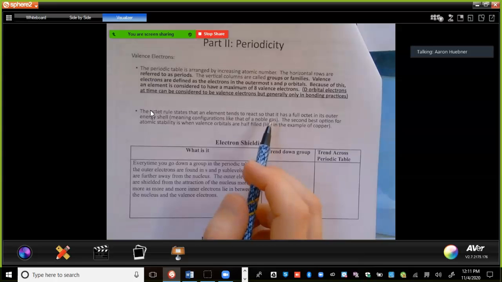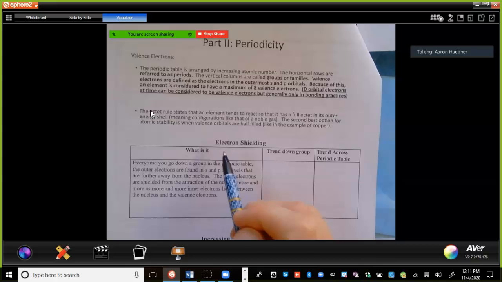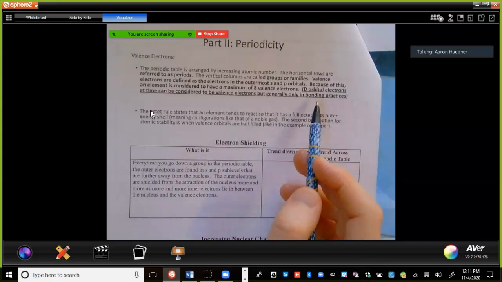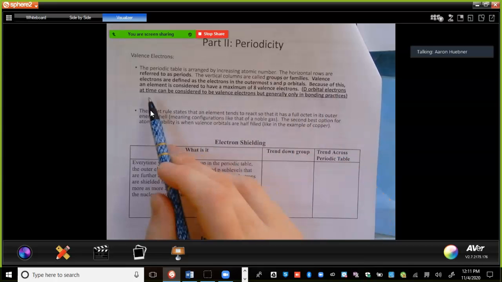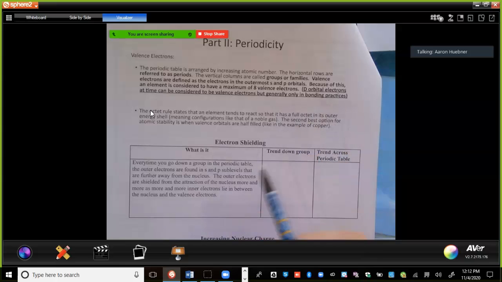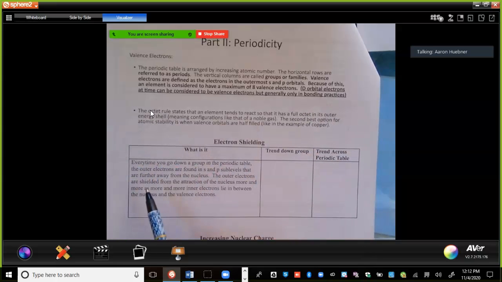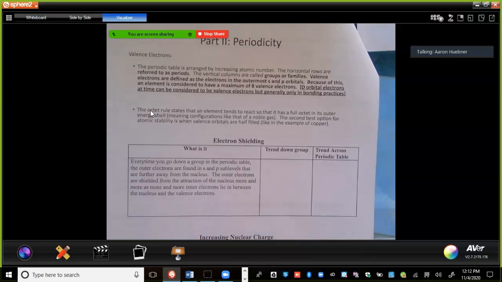Are there situations that are more complicated than that? Yes, but that's the simplified general rule. D orbital electrons at times can be considered valence electrons, but generally only in bonding practices. And then here's the octet rule: all atoms want to have 8 outer electrons to be satisfied.